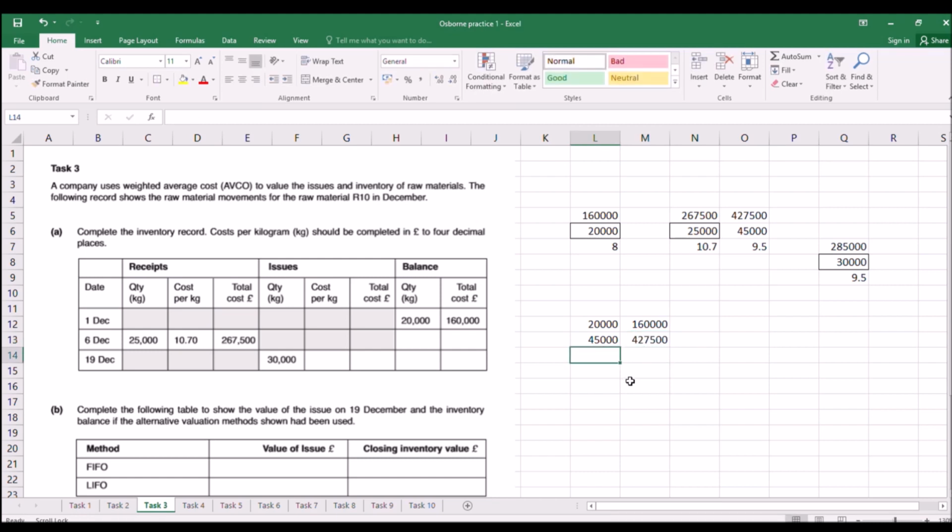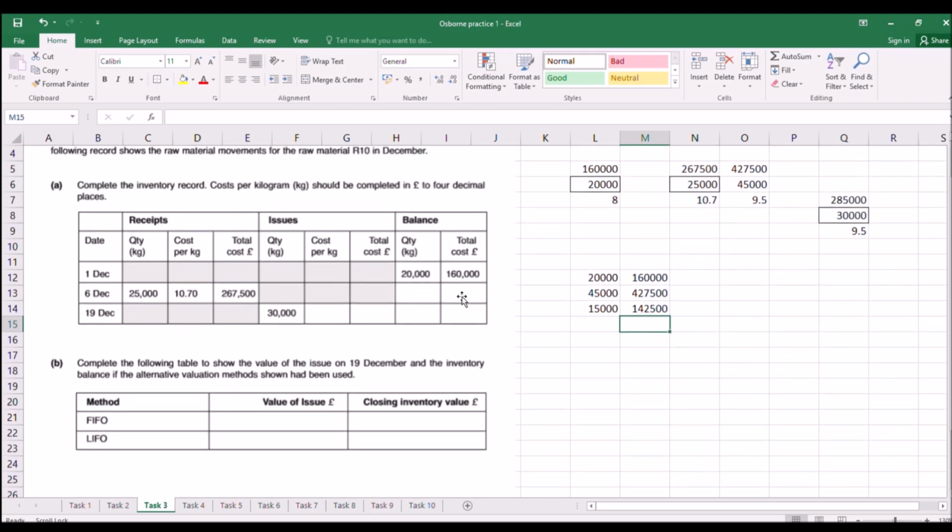Then we end up with whatever's left over. It's going to be 15,000, 45,000 minus 30,000, and that is going to be 142,500. So that minus that, and that minus that. Okay, so that's that answer there. A bit exciting really with that 4 decimal places, but it wasn't really required.